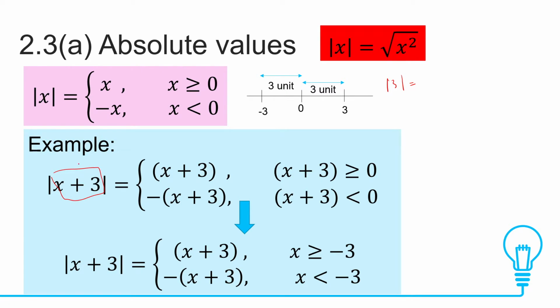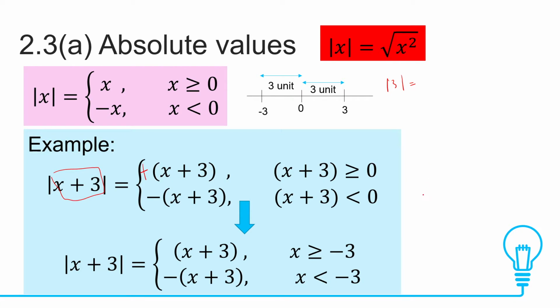So if we want to break this definition, it will become positive if this x plus 3 is greater than or equal to 0, so whatever is inside is greater than or equal to 0, and it will become negative if the x plus 3 is less than 0. But because we hardly write our inequality this way, we say x is greater than -3, x is less than -3.